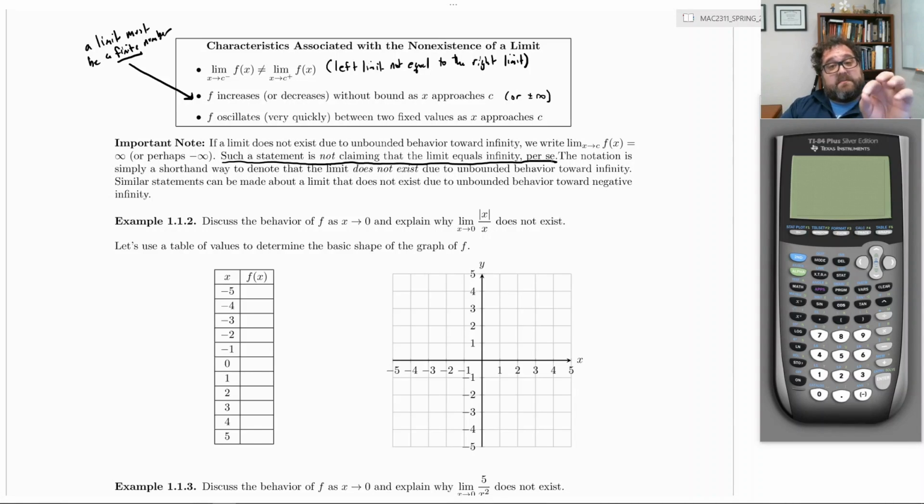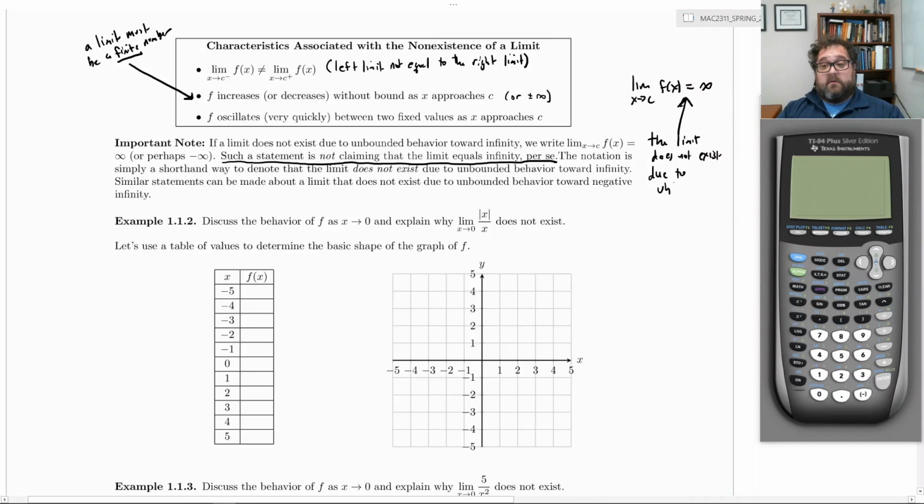Okay? A limit must be a finite number. Whenever we say the limit as x approaches c of f of x equals infinity, which we will say a lot of times when appropriate, that's simply a special way of saying the limit does not exist due to unbounded behavior toward positive infinity in this case.